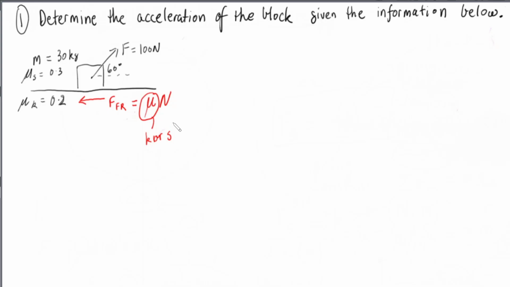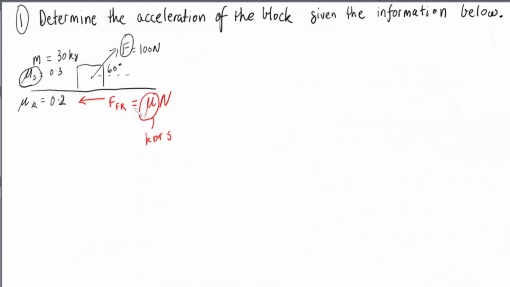We also know that this pulling force of F has to overcome the static friction force for the block to actually accelerate. So we have to determine what this static frictional force actually is. In this case, let's use mu s to see how much frictional force we have to overcome.